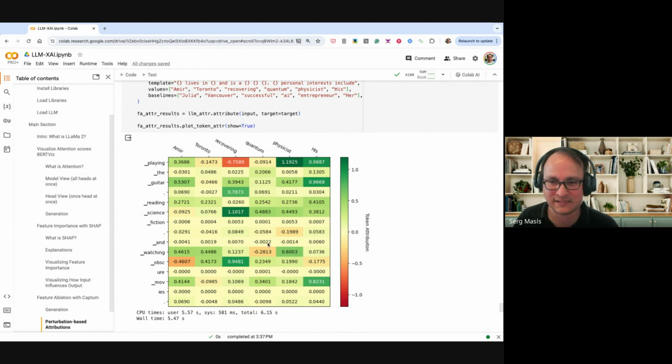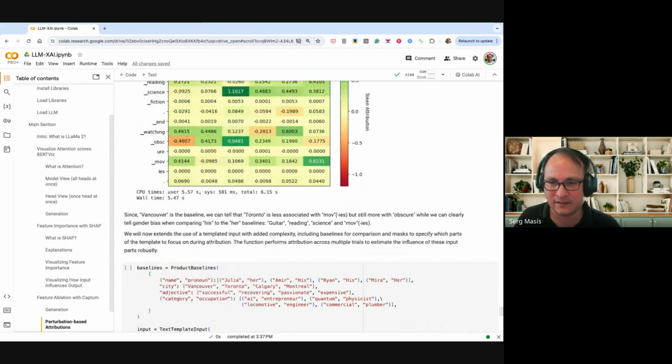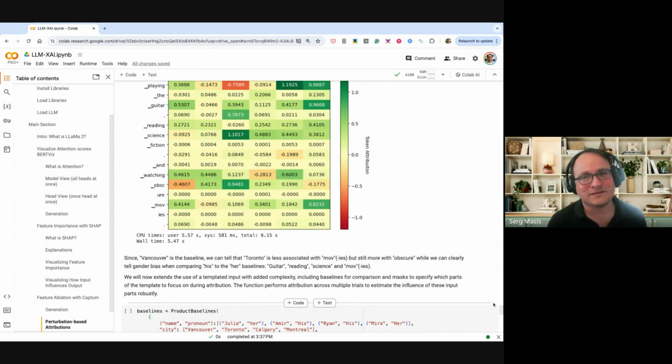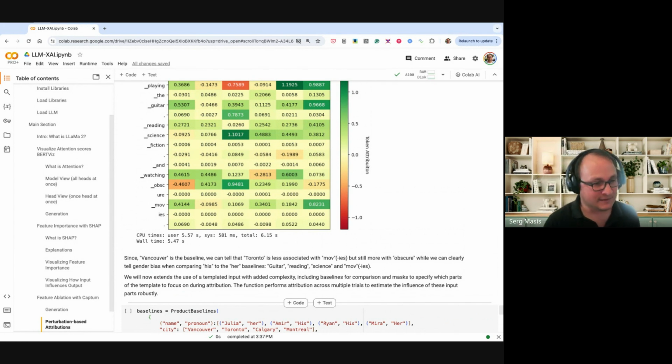And we can start to see some other things emerge. Toronto, also connected to watching and obscure, but this is not very, what's the word? It's not very thorough. We can go even more thorough if we throw in more things in the baselines.